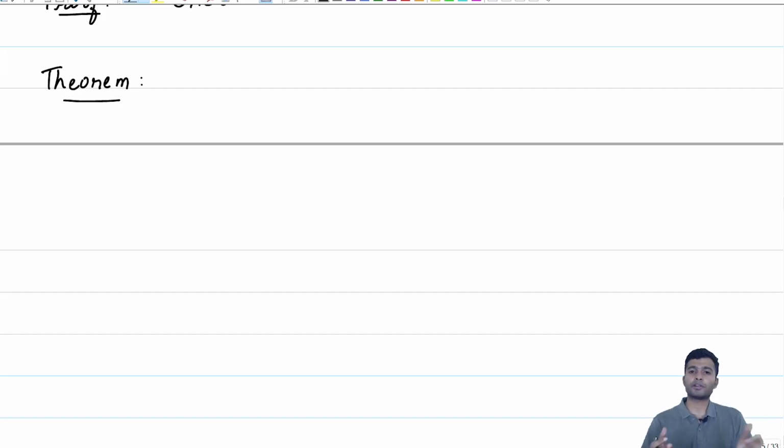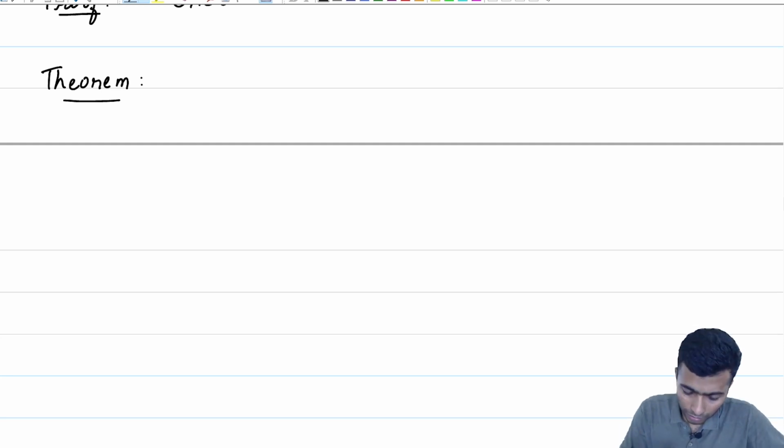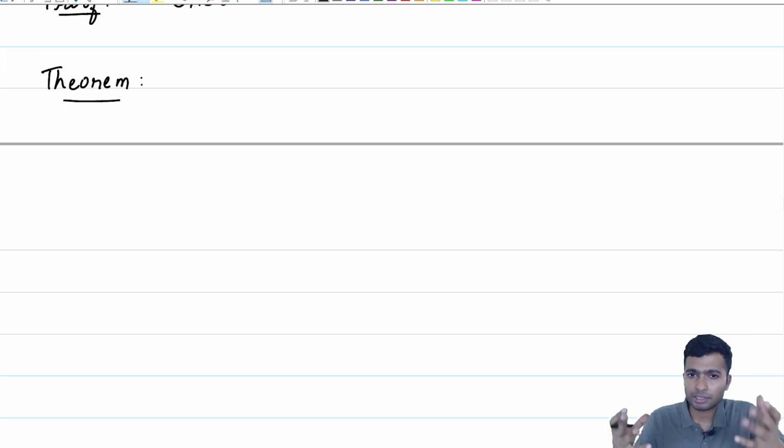If we look at S1 union S2, the question is, is it again linearly independent? The answer is yes. In fact, for each lambda i, if we have such an Si consisting of linearly independent eigenvectors corresponding to lambda i, then the union will be a linearly independent set.